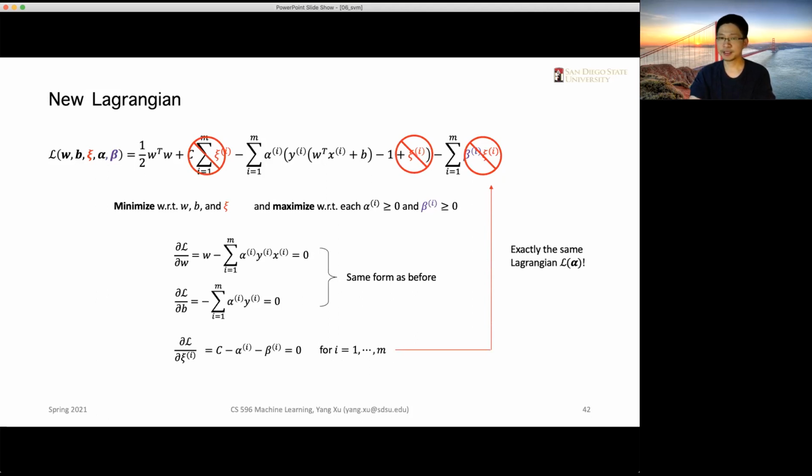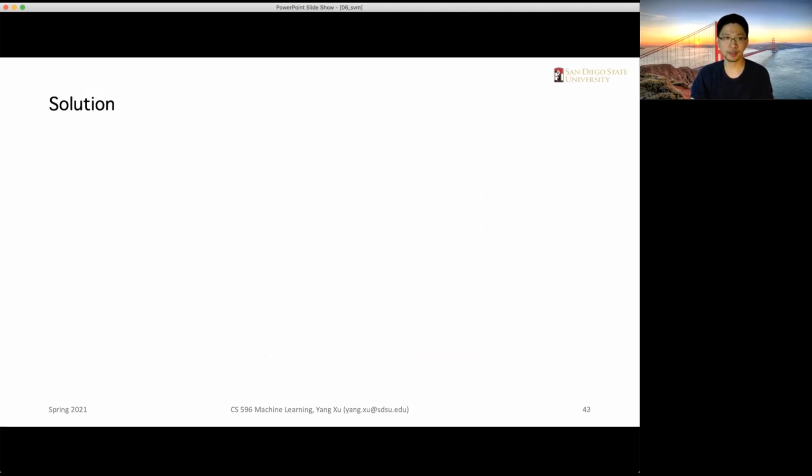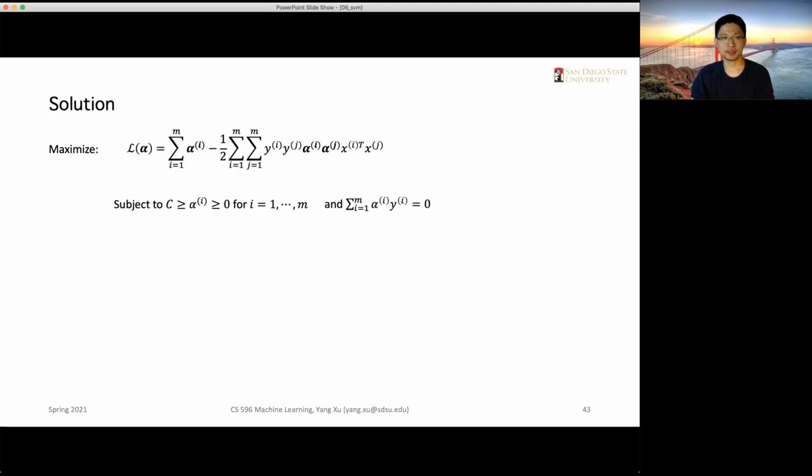It's exactly the same Lagrangian that actually results, but the additional condition is that we have some additional constraints. The constraint is that alpha should be smaller than C, and beta should be greater than 0. So alpha is no longer unbounded. But the way we solve for alpha is to use quadratic programming, which doesn't change a lot.